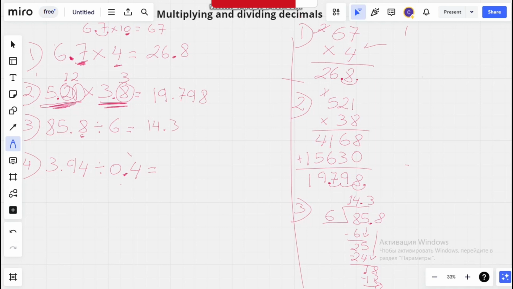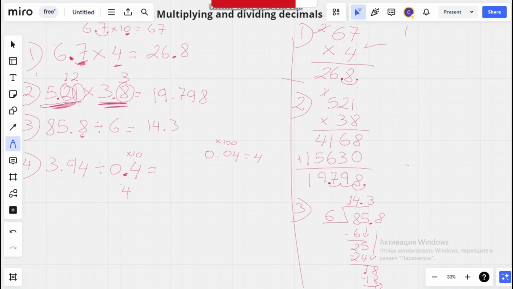You times by 10. So 0.4 becomes just 4. What if it was 0.04? What would you do? You would times by 100, so it can become 4, right? So it just depends on the decimal.